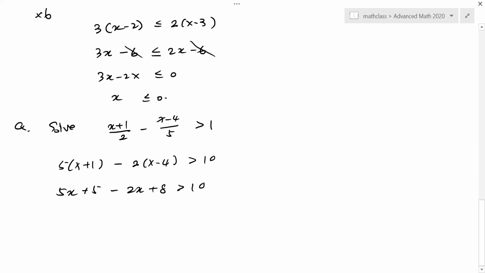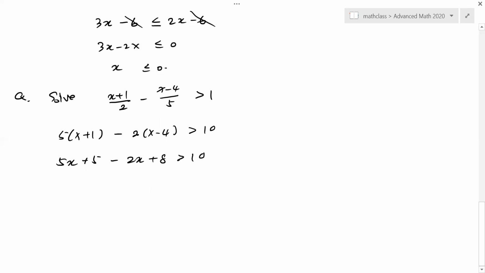So you have to show all the steps, okay? When you finish the homework, maybe you or your parents check your homework answers. If they find the answers wrong, maybe you can easily figure out the mistakes and try to avoid such mistakes in the future, okay? Then you look at simplifying this. 5x minus 2x is 3x. 5 plus 8 is 13, greater than 10.